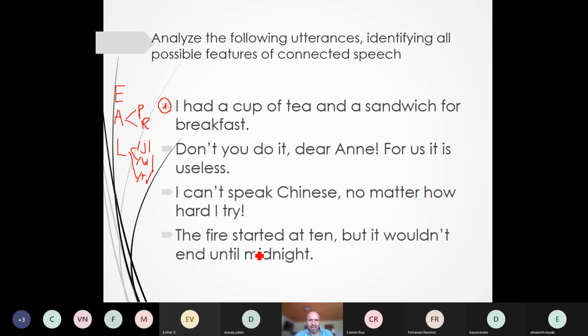So take a moment to review the first one, read it aloud several times, and then maybe you can write it on a piece of paper, and you can try to find out which features of connected speech are present according to the way you read it aloud, and which are the possible features that might be present. I don't know if this instruction is clear. Do you know what you need to do in this exercise?